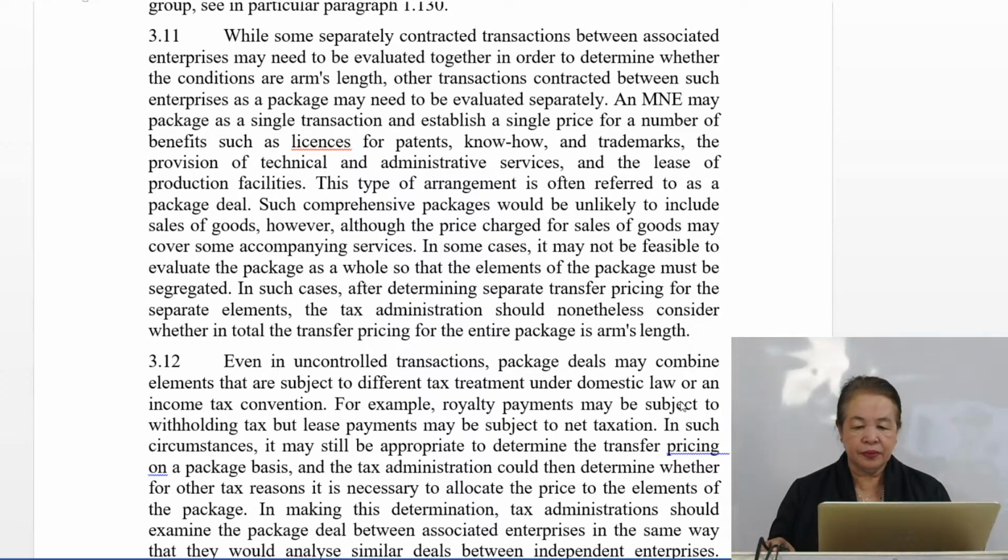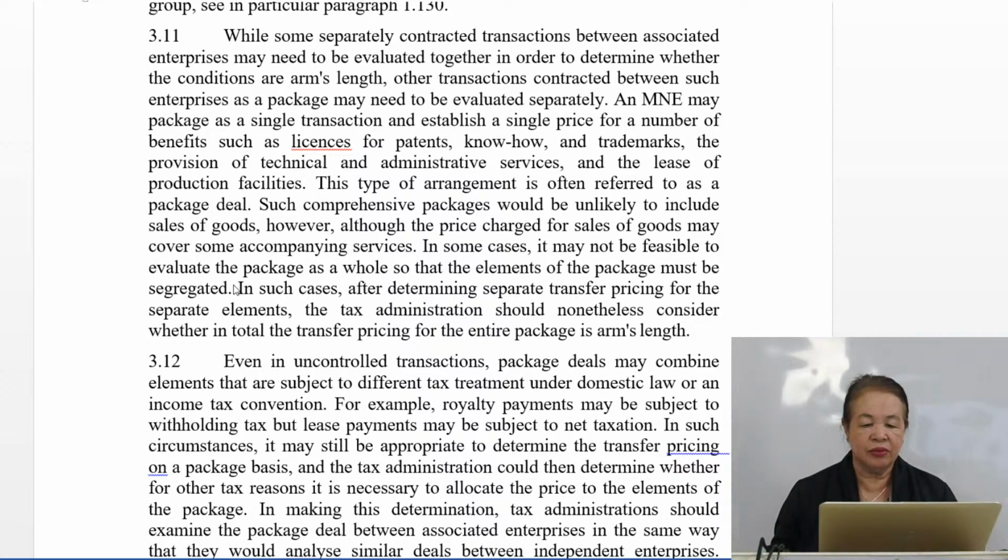So even in uncontrolled transactions, package deals may combine elements that are subject to different tax treatment under domestic law or an income tax convention. So for example, royalty payments may be subject to withholding tax, but lease payment may be subject to net taxation.